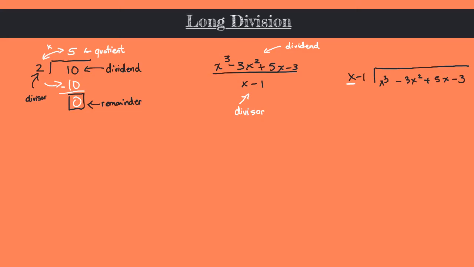Okay, what does that mean? Well, I'm going to start with the first term in my dividend. I'm going to divide the first term in the divisor by the first term in the dividend. Now, if you don't know how to go about working with exponents, because x cubed, that's a base with an exponent, and the next term, negative 3x squared, that's an exponent.